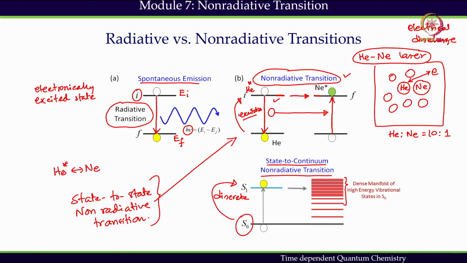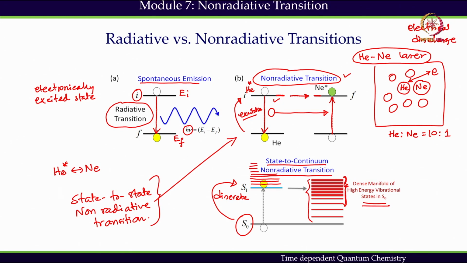Following electronic excitation, the excited state species can undergo a non-radiative transition back to the ground electronic state. This entire manifold is the vibrational manifold of the ground electronic state. The excited electronic state also has a vibrational manifold, it should be somewhere here like this.